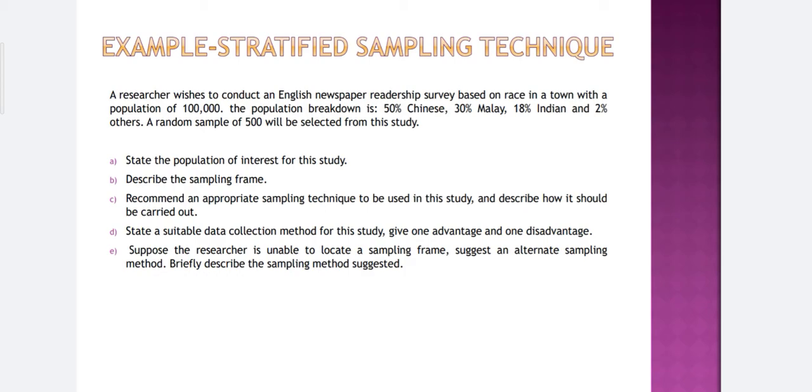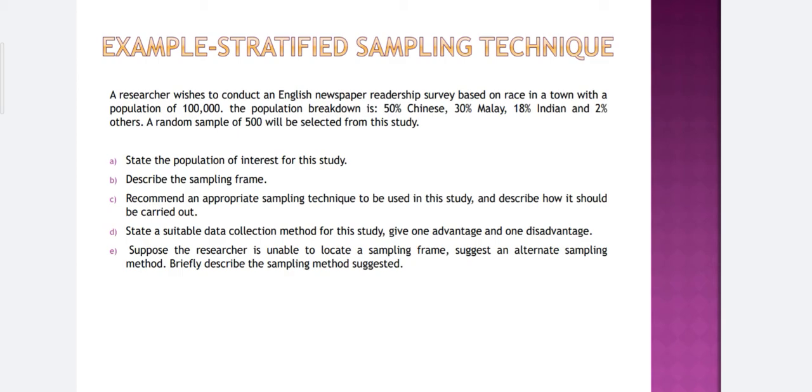Malay pula, tengok pula berapa. Kena kira lah. 30,000 tadi kan. 30,000 daripada 100,000 darab 500 orang. So, kena ambil 150 reader from Malay. Indian pula, berapa tadi? 18,000 kan? 18,000 bahagi dengan 100,000 darab dengan 500.